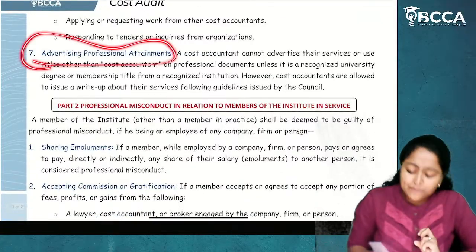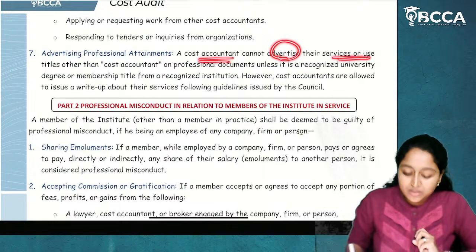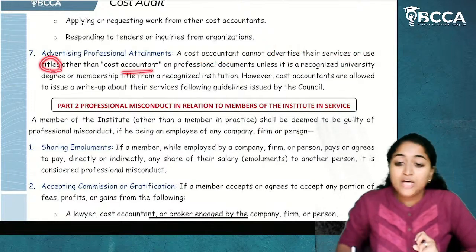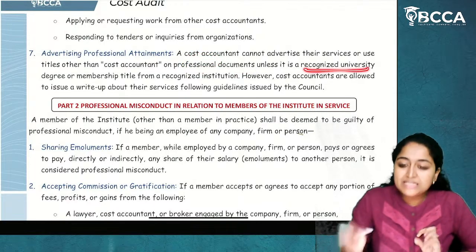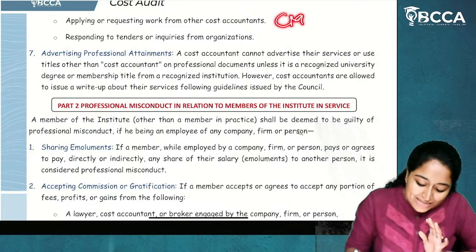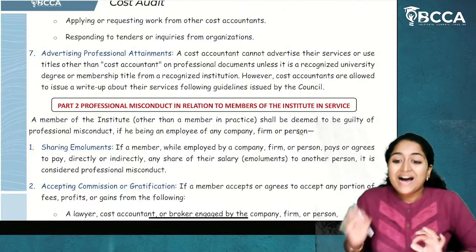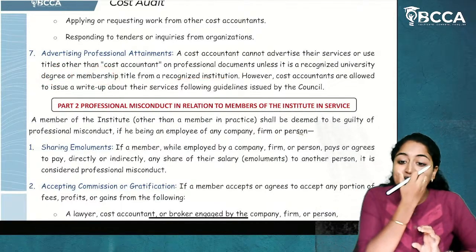Next is advertising professional attainments. A cost accountant cannot advertise their services or use titles other than cost accountant on professional documents unless they come from a recognized university. Before or after your name, you can only put CMA, unless it is a degree or a membership title from a recognized institution.